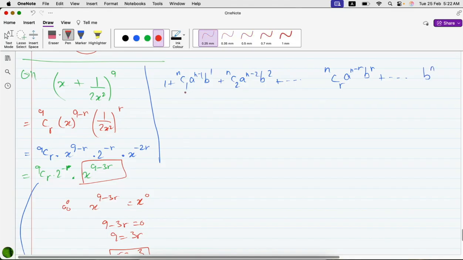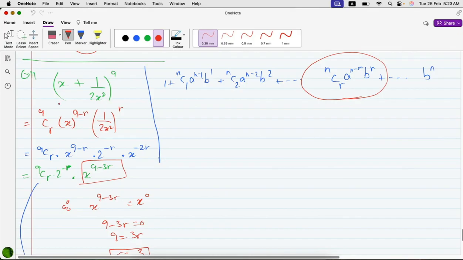So it could be anything. We can't guess what the power will be when r is 1, when r is 2, when r is 3, when r is 4, and so on. So we needed to figure it out. So I directly wrote this term, being unaware of what r would be.